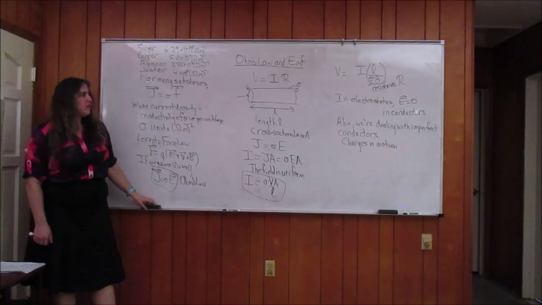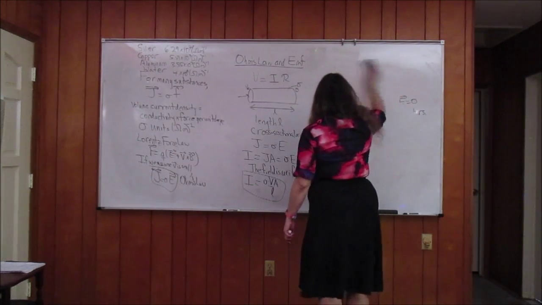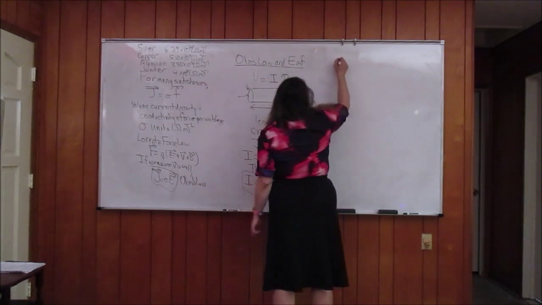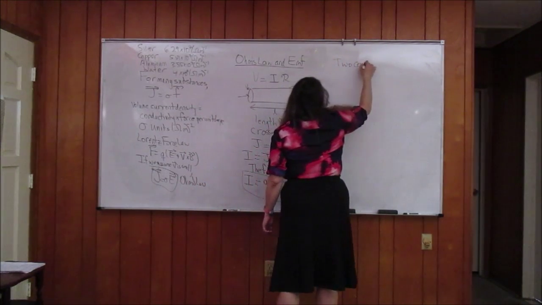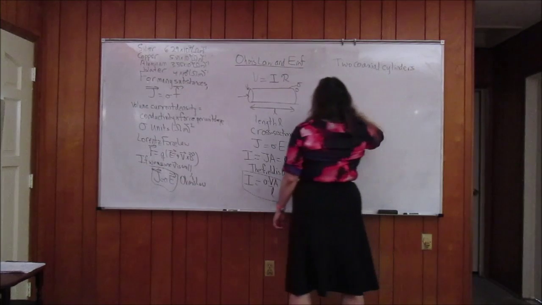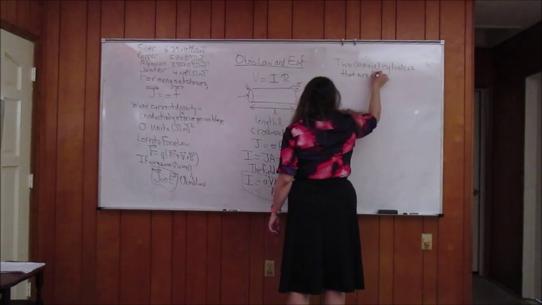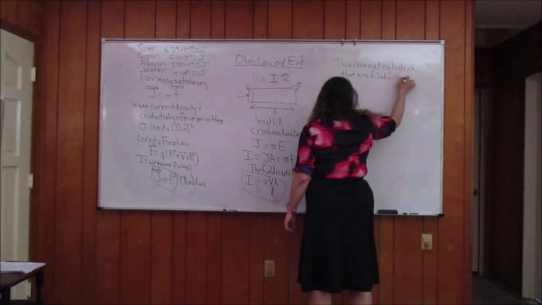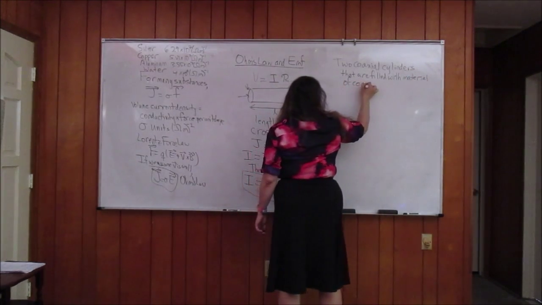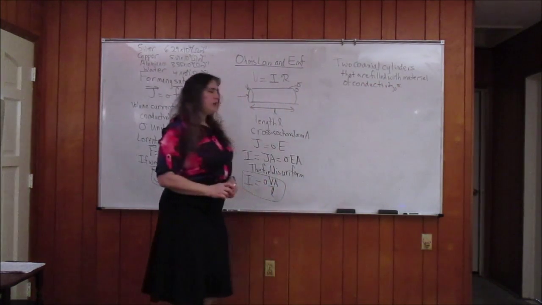Let's take a look at another example. Let's suppose that you have two coaxial cylinders, and they're filled with material of conductivity sigma.